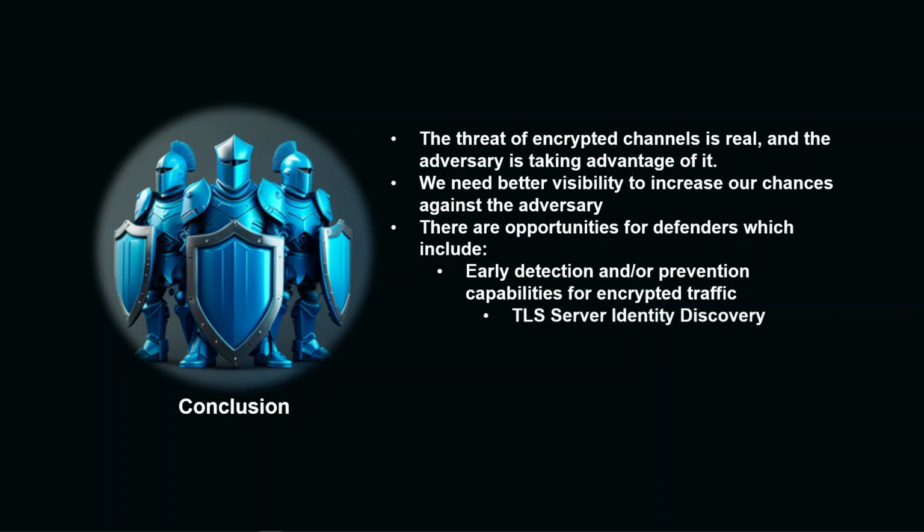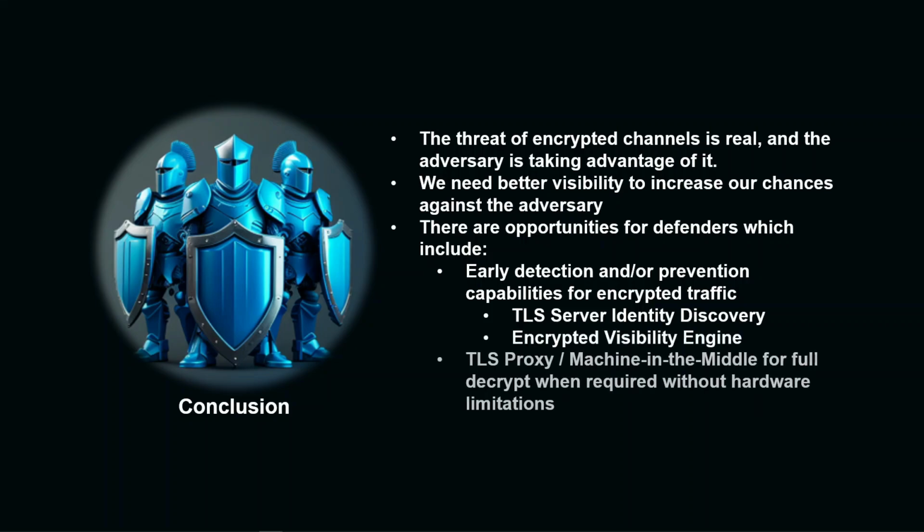That includes TLS Server Identity Discovery, Encrypted Visibility Engine, and if you need to proxy for TLS or machine in the middle for full decrypt, you can do it in an optimized manner and make sure that the platform is performing at the levels that you expect and for the reasons required to mitigate risk.